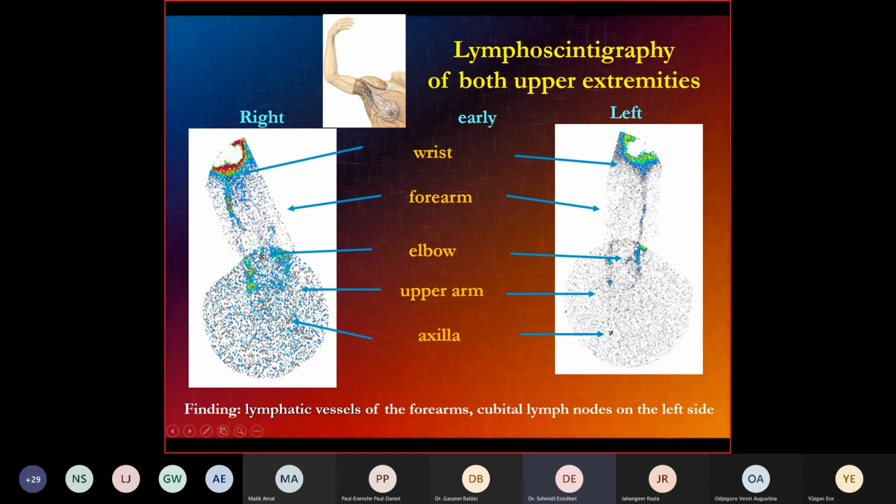And in the early phase, we can see 2, 3 small lymph nodes in the left cubital region too. On the right side, we can see only the lymphatic vessels and the relatively high background activity.